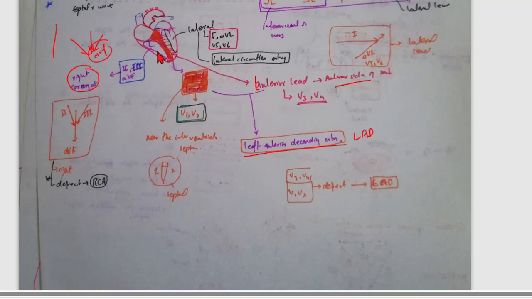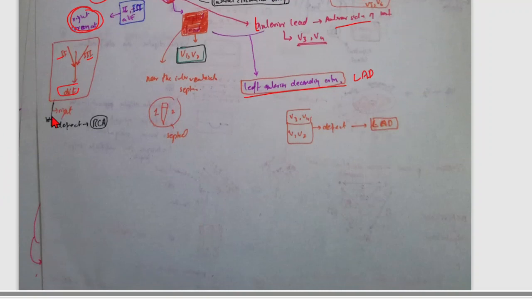And they are controlled by the right coronary artery. So if there is any abnormality in lead 2, lead 3 and AVF, this will be a defect in the right coronary artery.